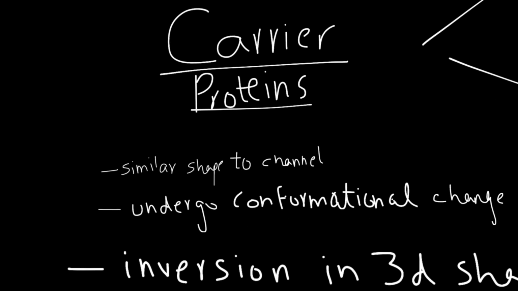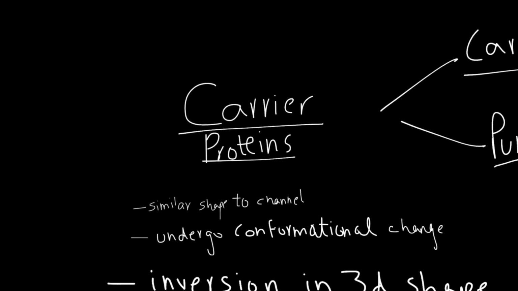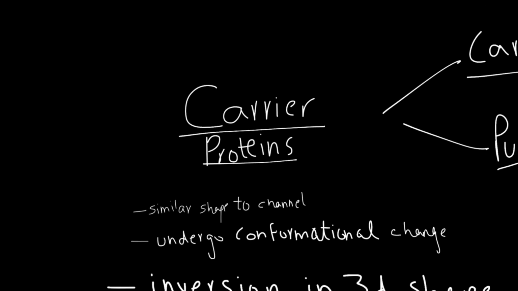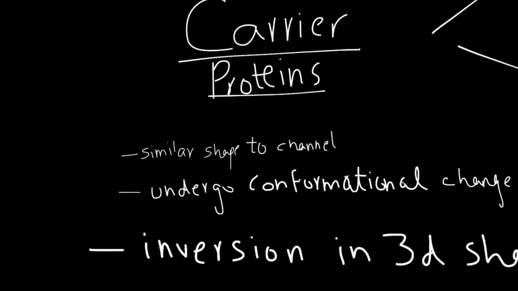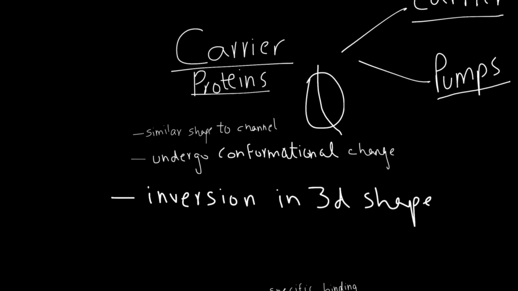So first we're discussing the main carrier proteins. There's not much of a difference for the carrier proteins as opposed to the channel proteins, but it does have a similar shape. However, instead of the channel protein having a small channel through it, this carrier protein has an entire shape change to get its substances inside the cell membrane.